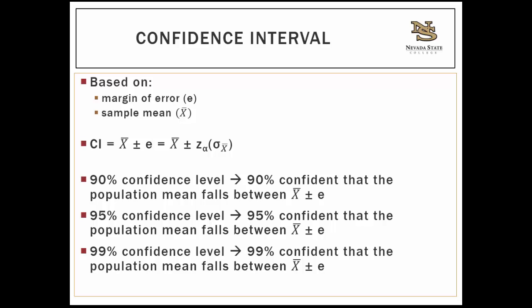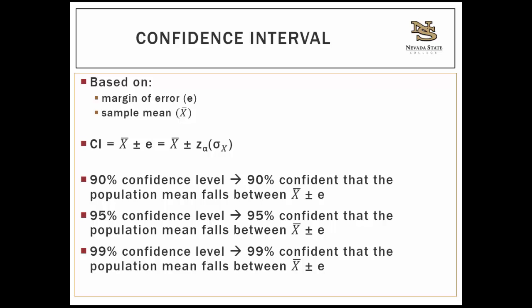Now, just remember, this confidence interval does not always include the true population mean, but we are pretty confident, based on the level of confidence, that the true population mean is included in the confidence interval.